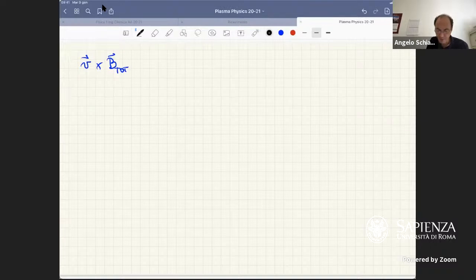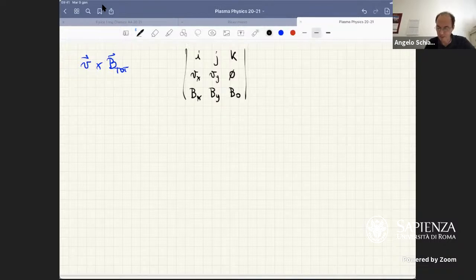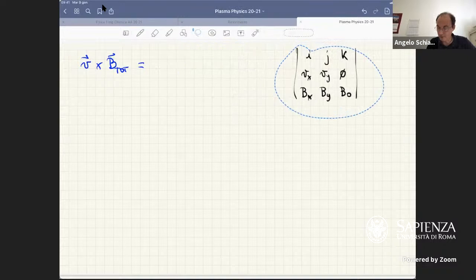So we have the usual technique using the determinant. So i, j, k, we put Vx, Vy, and 0, the components of the first vector. Then B dot, which has a component Bx of the wave, By of the wave, and B0, the external applied field. And we take the determinants.